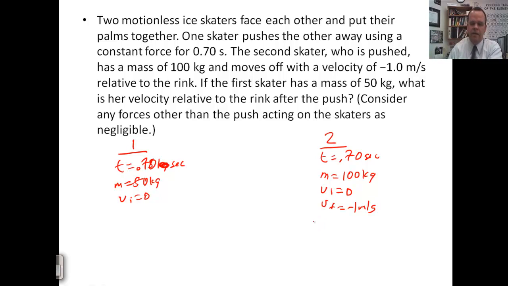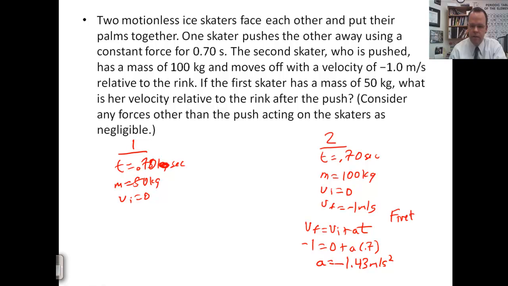So we need to find the force on person 2. To find that, we need to know the acceleration. So vf equals vi plus at. Negative 1 equals 0 plus a times 0.7. So the acceleration here is negative 1.43 meters per second squared.